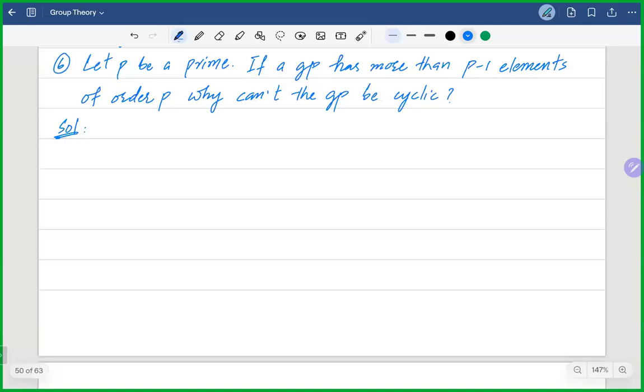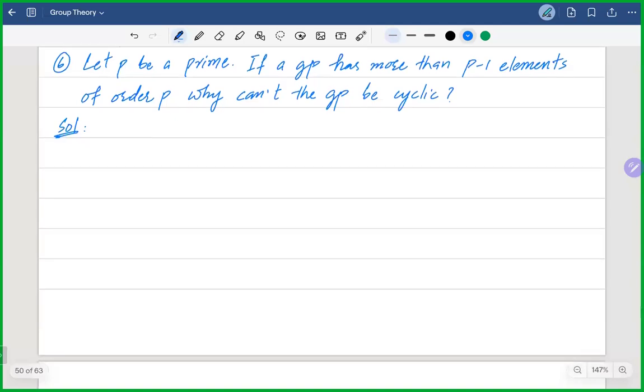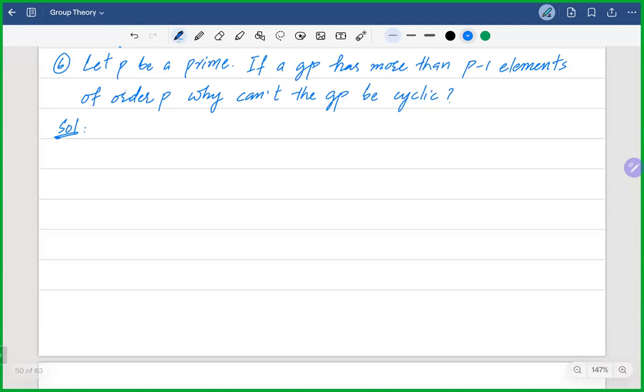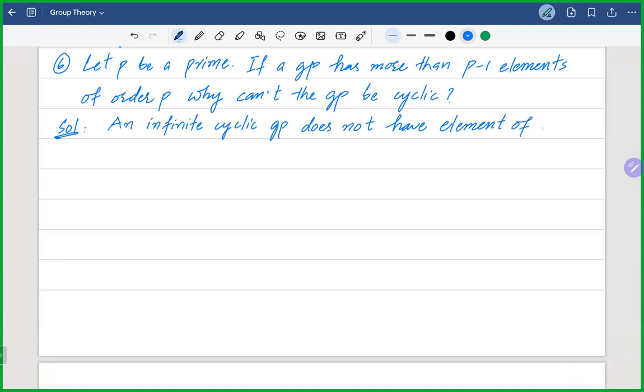And now this is the statement. An infinite cyclic group does not have an element of prime order.